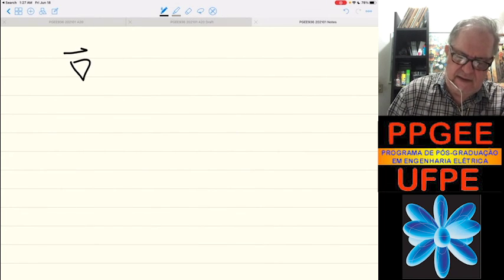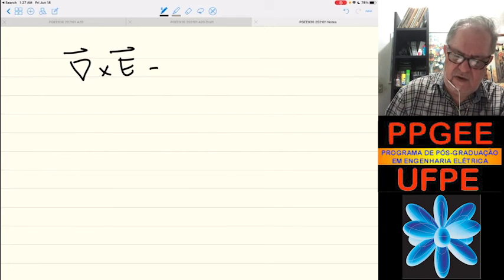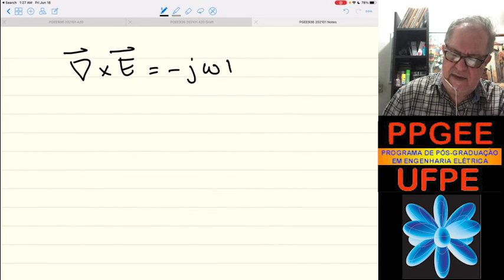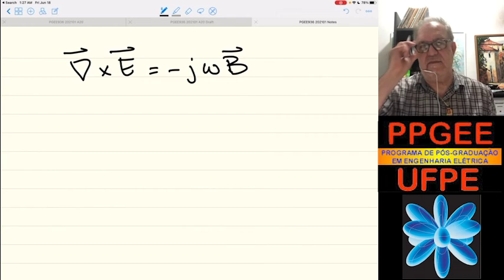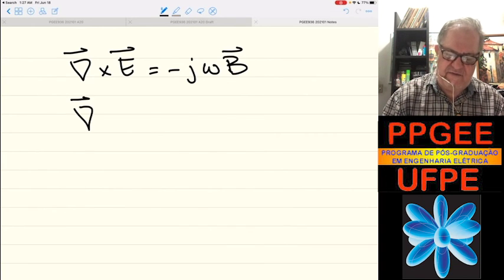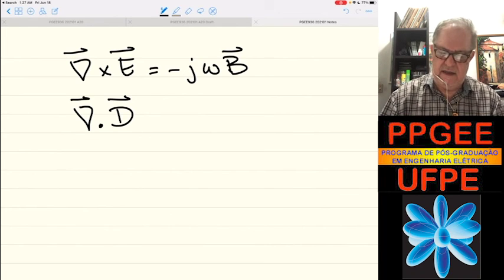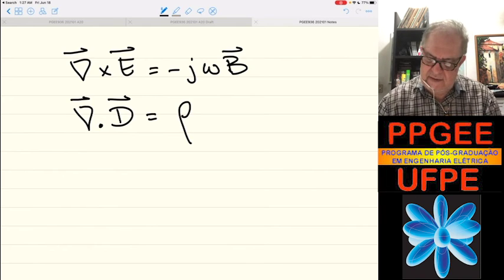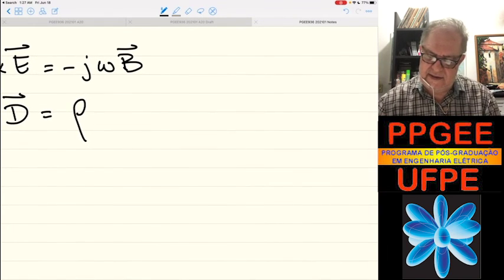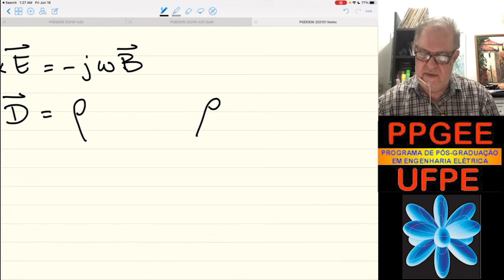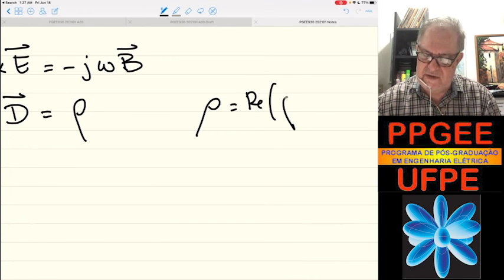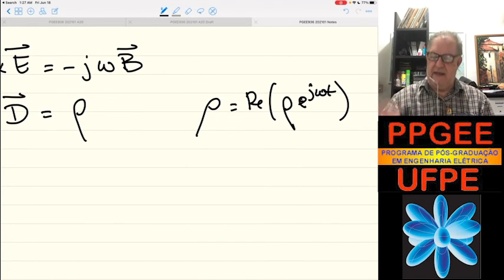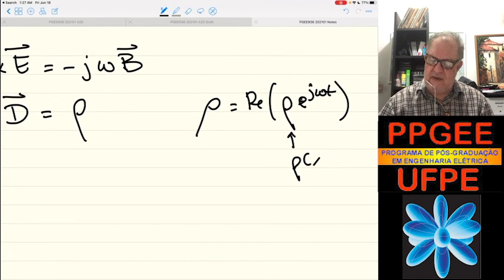Curl of E, that's the first one, equals minus j omega B. Divergence of the complex vector D equals rho. So what is rho? Well, just recall here, put it on the side. The tilted rho is the real part of straight rho exponential of j omega t. This is only a function of coordinates.